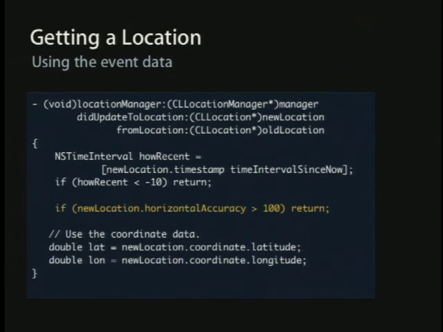Anything that inaccurate has probably been generated from a cell tower, because that can't really be accurate to anything approaching 100 meters. So we'll filter those out by checking the horizontal accuracy. And as Core Location starts to generate more accurate information, it starts out generating cell tower information, then it moves down to Wi-Fi, and then finally GPS. Once the satellites are found, it'll send new updates every time to let you know that it's got more accurate information. You can find that out by checking the horizontal accuracy.